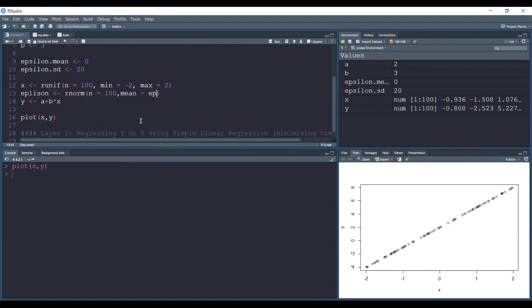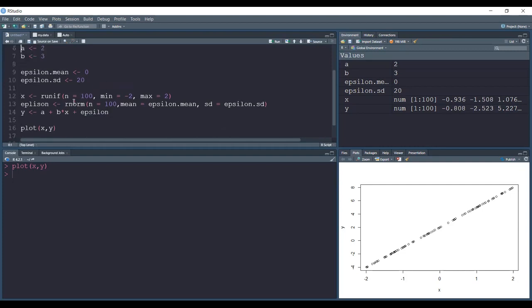The mean is just 0. And the standard deviation is just epsilon standard deviation. And now, instead of y being defined as a plus b times x, we will add this. You may wish to keep it slightly more legible this way, isn't it? Plus epsilon. So let's do it.